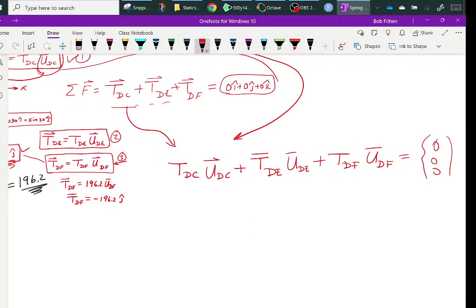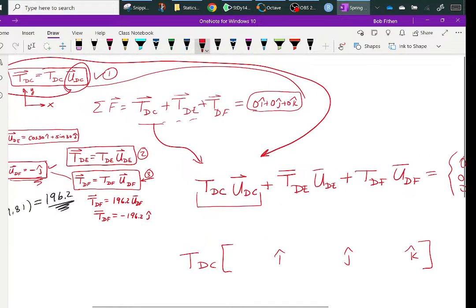Let's focus on this one. I'm going to write it completely out with terms that don't even exist: TDC times what i, what j, and what k. First of all, I don't have any k here, but I'm carrying it anyway. So, carrying it all, DC.